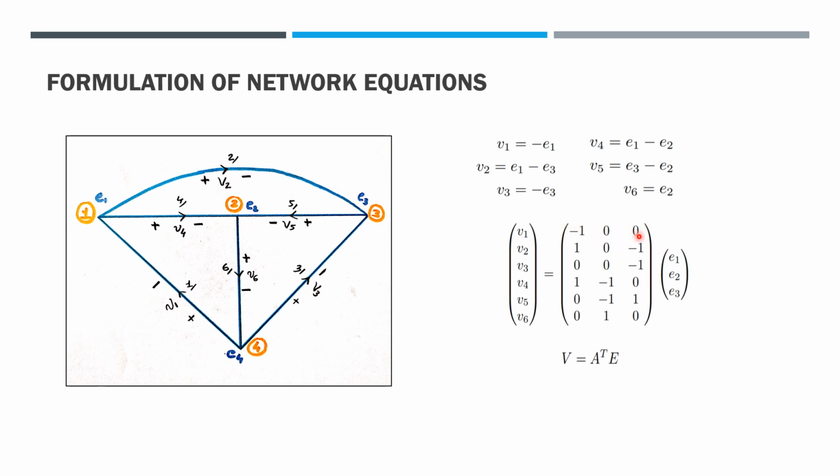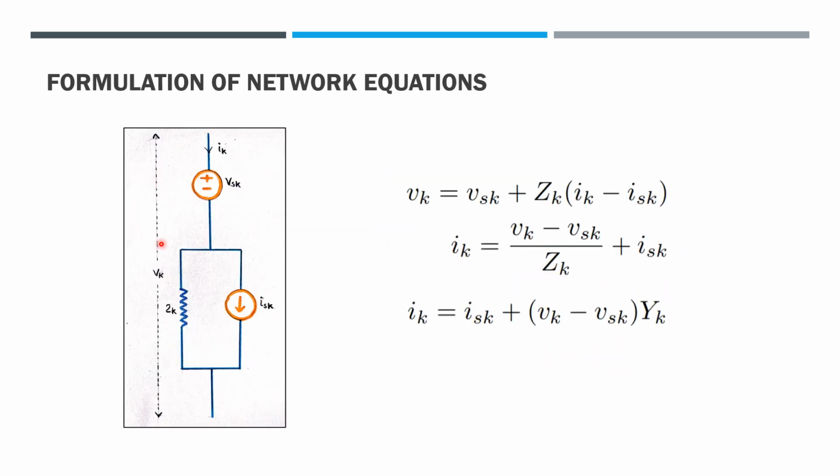If you do matrix multiplication and then assignment, then you can get these 6 KVL equations. So this is the final equation that we will use in later slides that represents all 6 KVL equations.